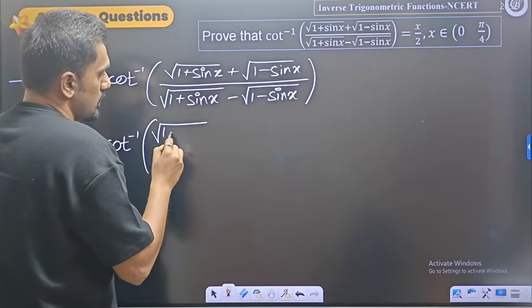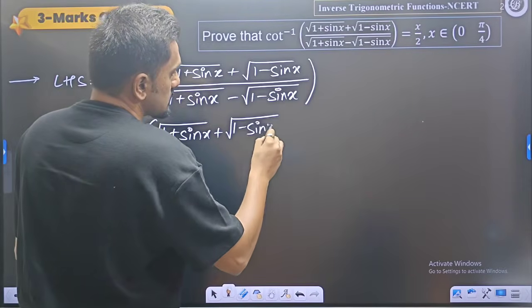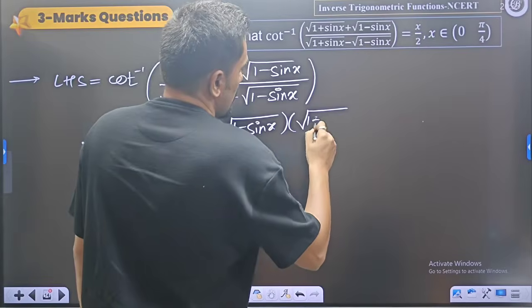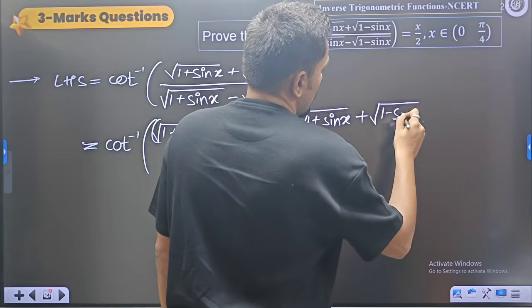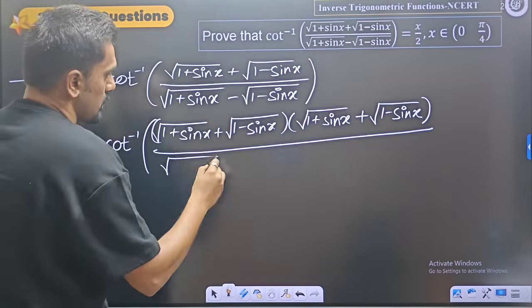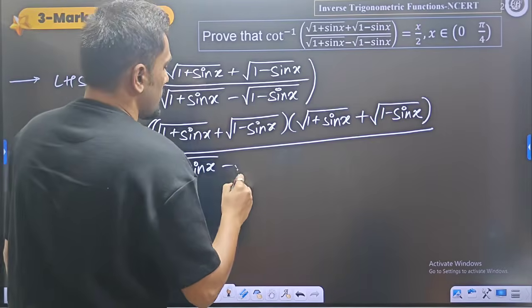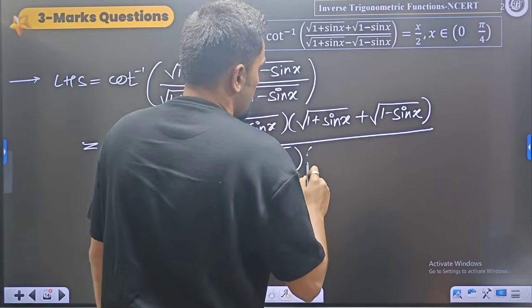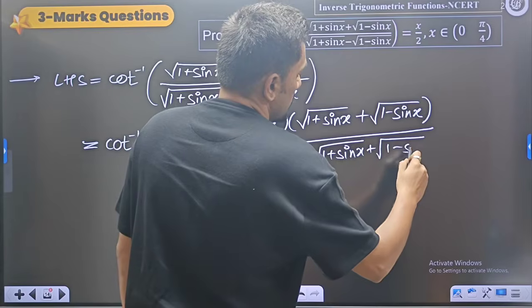Then root of 1 plus sin x plus root of 1 minus sin x into root of 1 plus sin x plus root of 1 minus sin x divided by root of 1 plus sin x minus root of 1 minus sin x multiplied by root of 1 plus sin x plus root of 1 minus sin x.